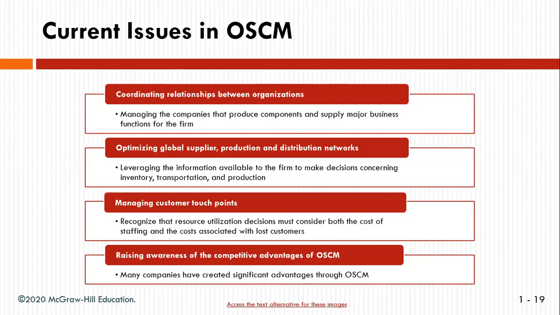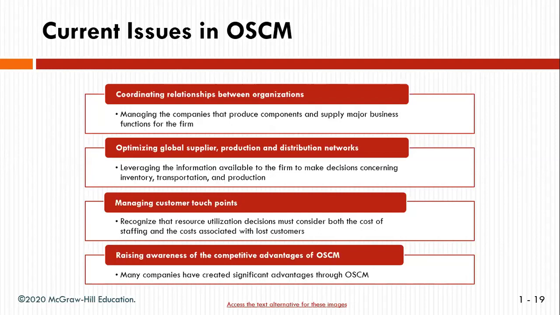The second thing is optimizing global suppliers, production and distribution networks, mitigating the risk, getting the things on time, minimizing the cost. All these are part of optimizing the global suppliers, because now it's a global market and it's open.